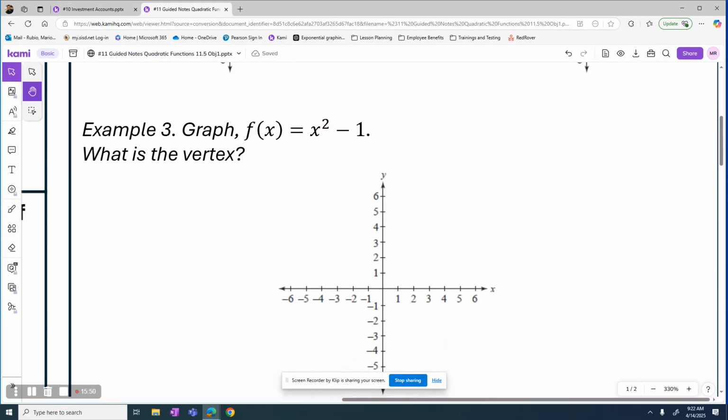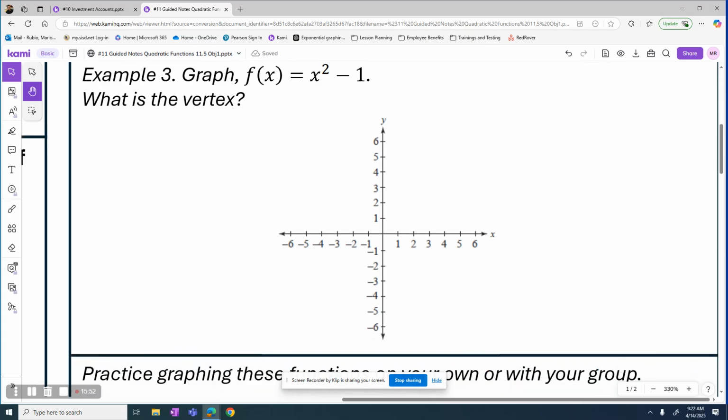Okay, let's look at example number 3. Now we've got x squared minus 1. So what do you think is going to happen to this one? Remember x squared. I'm not going to write the table on this one. I'm just going to go from x squared because I know x squared is always this.